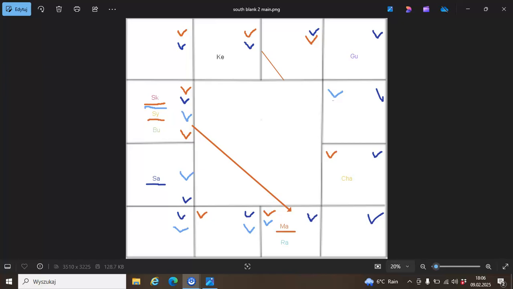Cancer is an even sign, so we need to count also in anti-clockwise direction how many signs or houses the owner of the house has moved away from the sign it rules. So let's count.